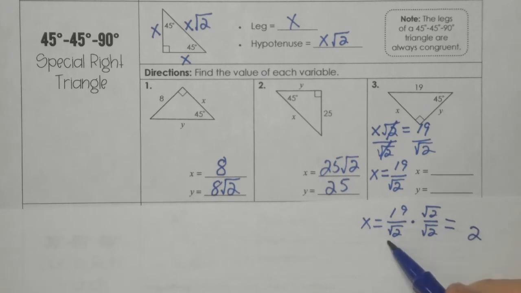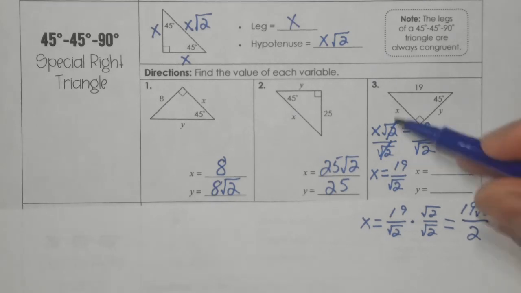The square root symbol, you can think of those as like canceling out, so we're left with just 2. And in the numerator we have 19 times the square root of 2. Now, the square root of 2 is simplified. We no longer have a radical in the denominator, so this is the answer.